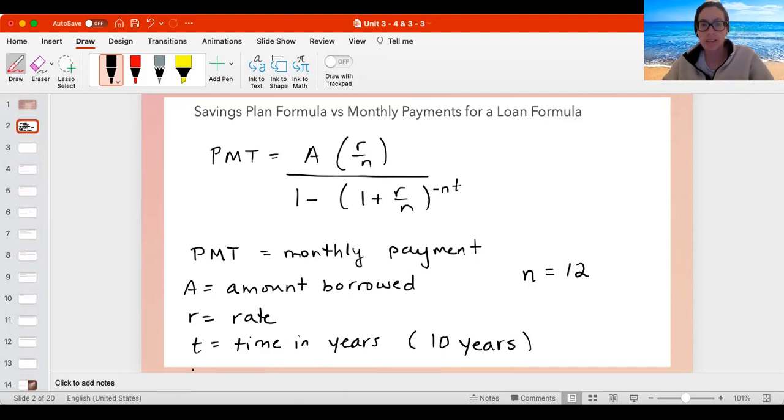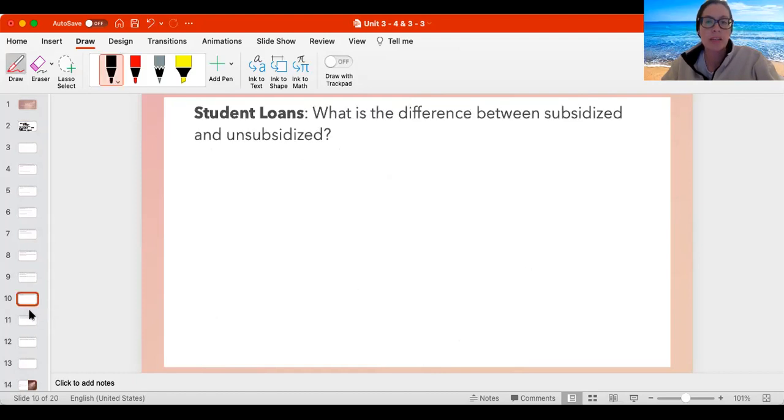We borrow some money, which will be a student loan, to pay for school. And each month, we're going to pay some money until we pay that loan off, and we're going to hope to get it paid off in 10 years. Okay, so let's work on a couple problems.